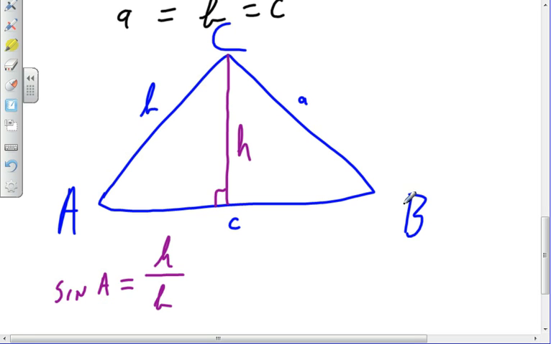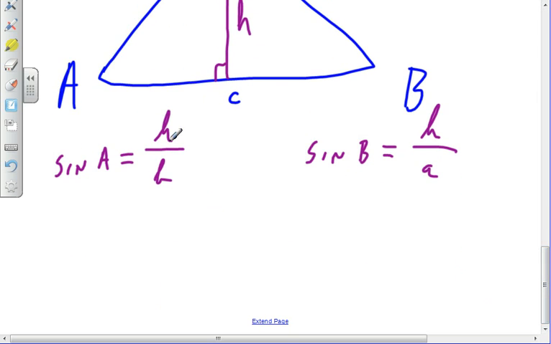Right? And then I'm going to ask you, what is the sine of B? And you're going to say, well, that's the side opposite, which is h, divided by the hypotenuse a.